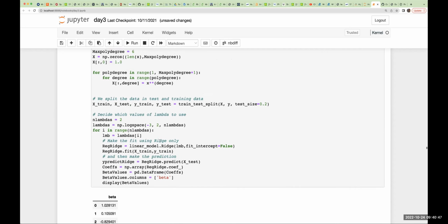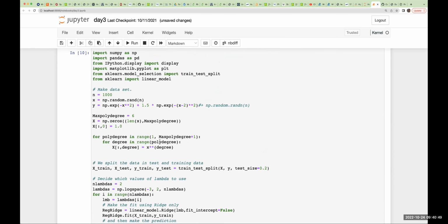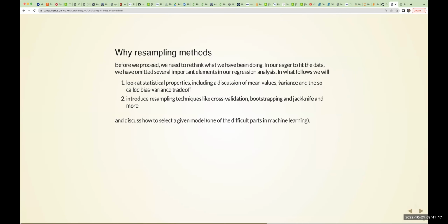So this is a kind of flag which tells us that when we have lots of noise, we may be overfitting the model to traverse the data, and then probably we will have a prediction on test data, the unseen data, which is not that good. And this leads us to the next topic, which deals with resampling techniques.